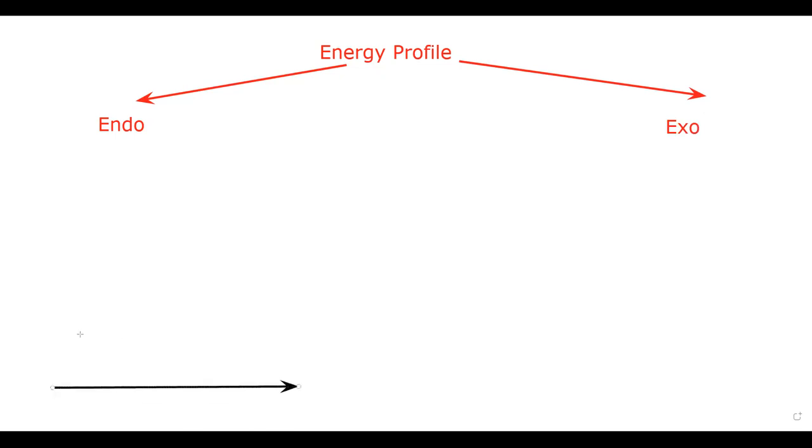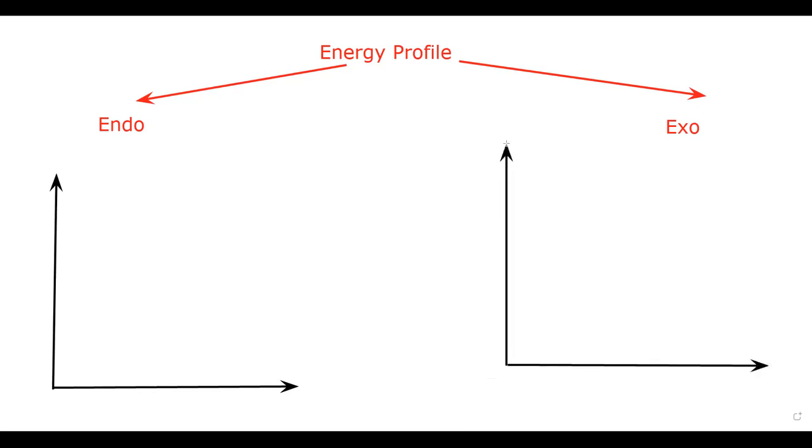So what happens in endothermic reactions in terms of energy, and what happens in exothermic reactions? When we compare the energy of the reactant and product, in endothermic reactions the reactants have low energy and the product has high energy. But in exothermic reactions, the reactants have high energy and the product has low energy.